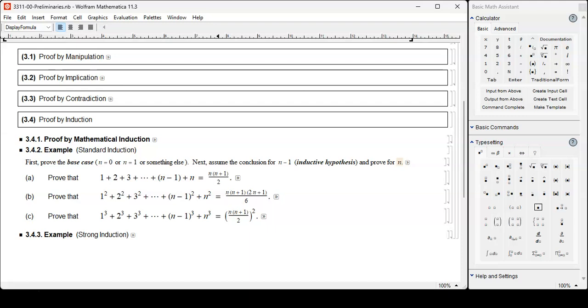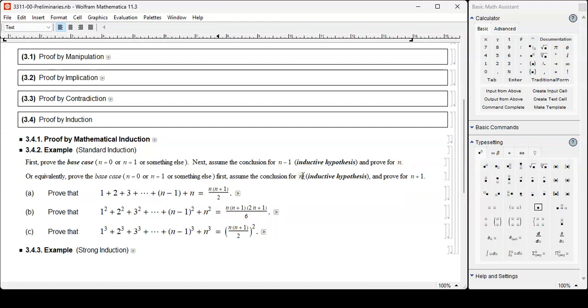Or equivalently, you can assume the conclusion for n and prove for n+1. Either way, it works out. Assume for one number and prove for the right next number.